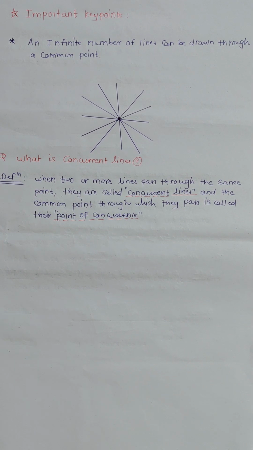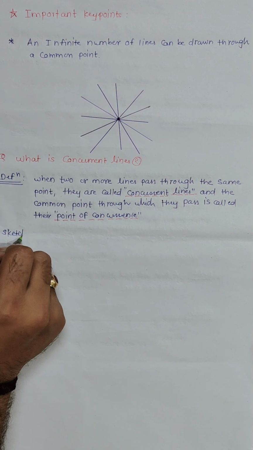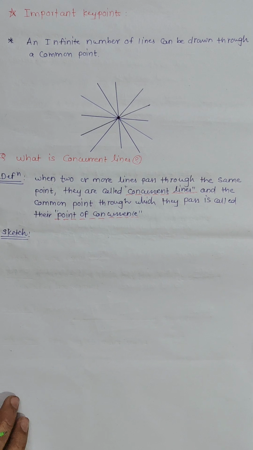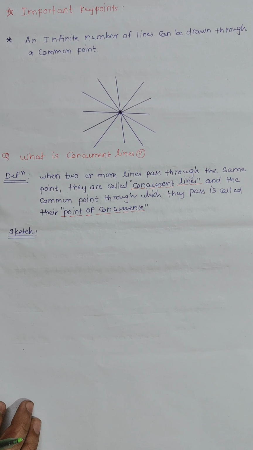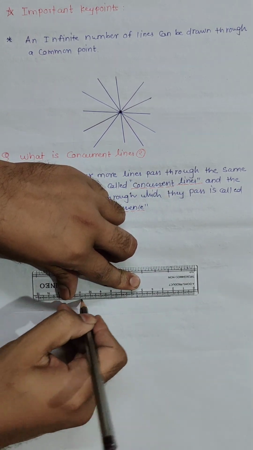Now we move towards the sketch of the concurrent lines. Which sketch do you have to draw for concurrent lines? We draw it in this way. Firstly, draw a horizontal line.